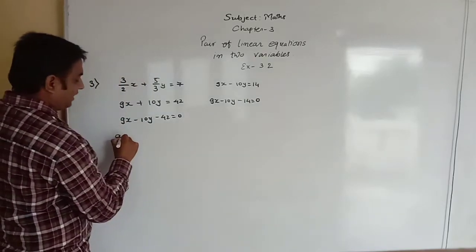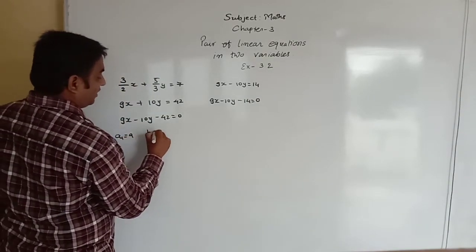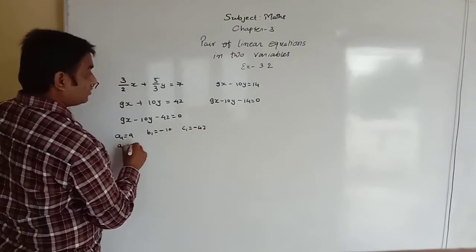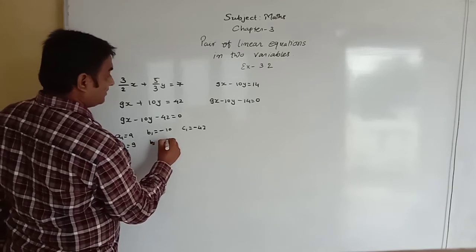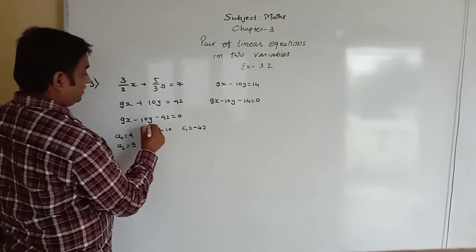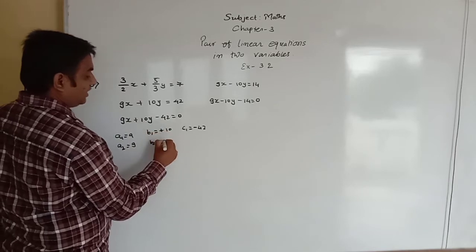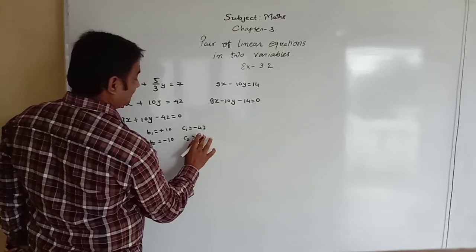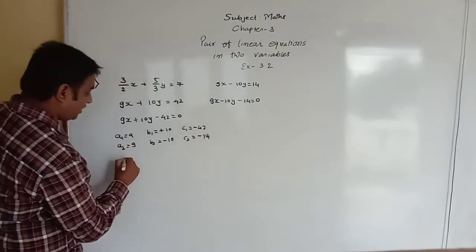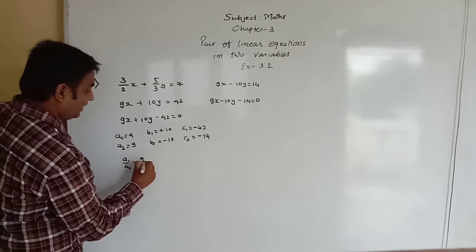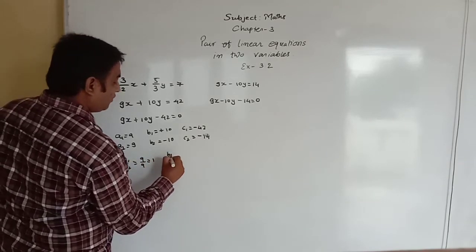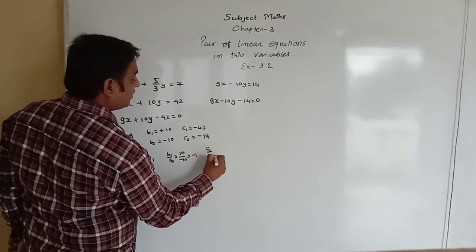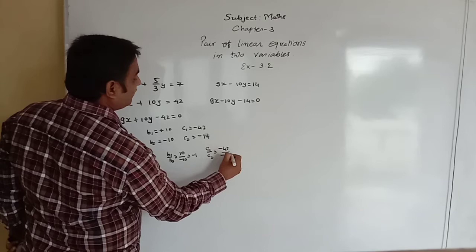So from here we can write a1 equals 9, b1 equals 10, c1 equals minus 42, a2 equals 9, b2 equals minus 10, and c2 equals minus 14. So we take the ratio a1 by a2, we have 9 by 9, which is 1, b1 by b2 is 10 by minus 10, which is minus 1, and c1 by c2 equals minus 42 by minus 14, which is 3.